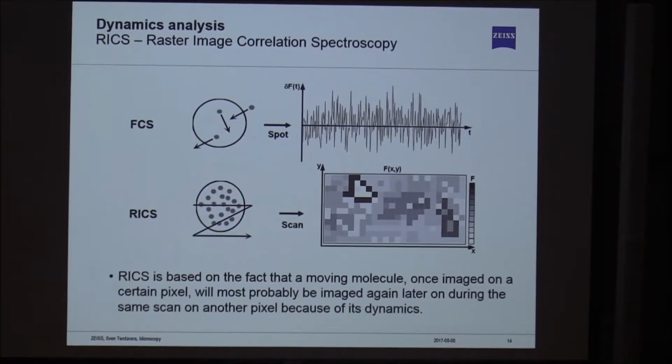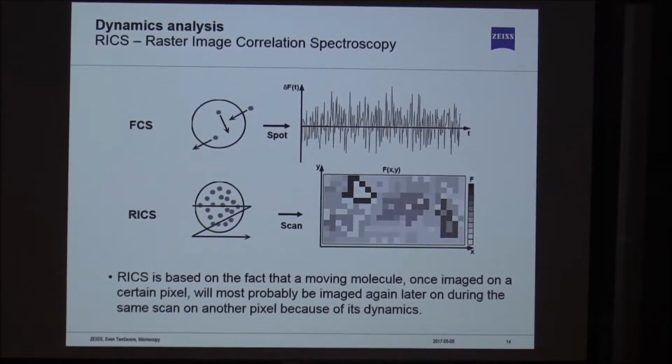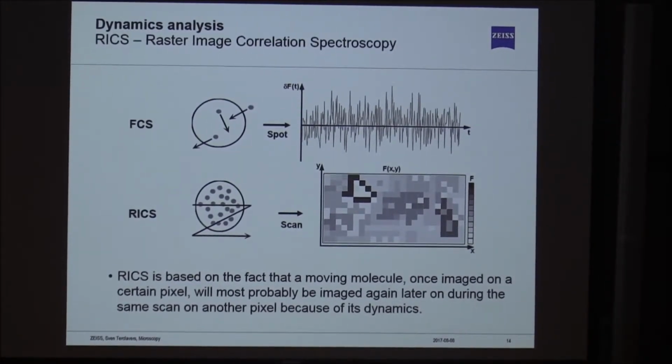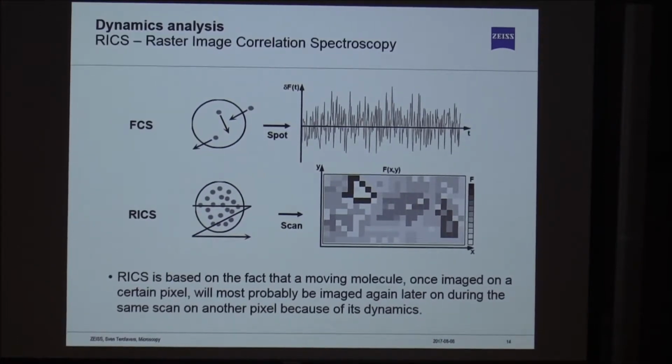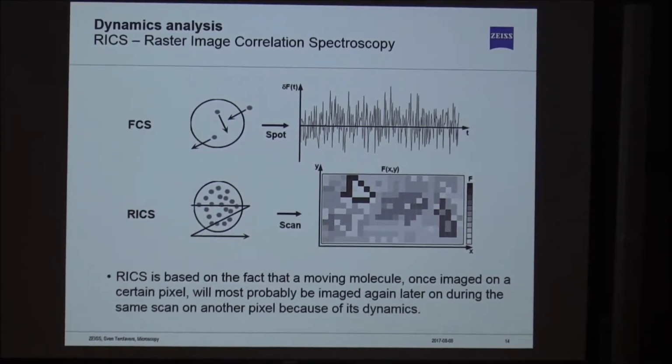Similar to FCS, except that FCS can even detect chemical changes, where the molecule would be changing direction, for example. This is something that can occur extremely fast. RICS is a bit more for the slower processes of movement of molecules within the cell, exchange between the nucleus and the cytoplasm, and so on.